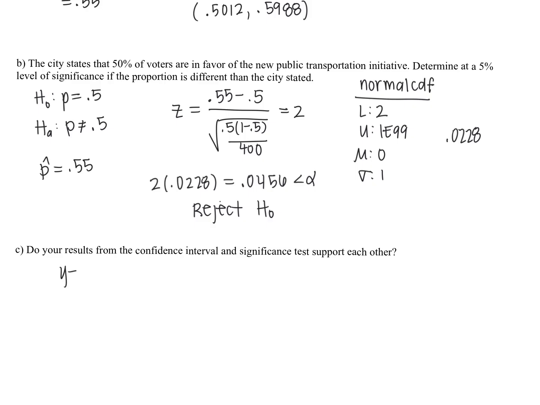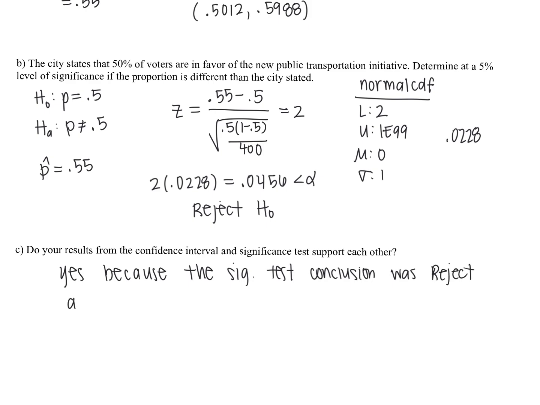So the answer would be yes, because the significance test conclusion was reject, and the confidence interval did not contain P0, which was 0.50. And this is specific to two-sided hypothesis tests.